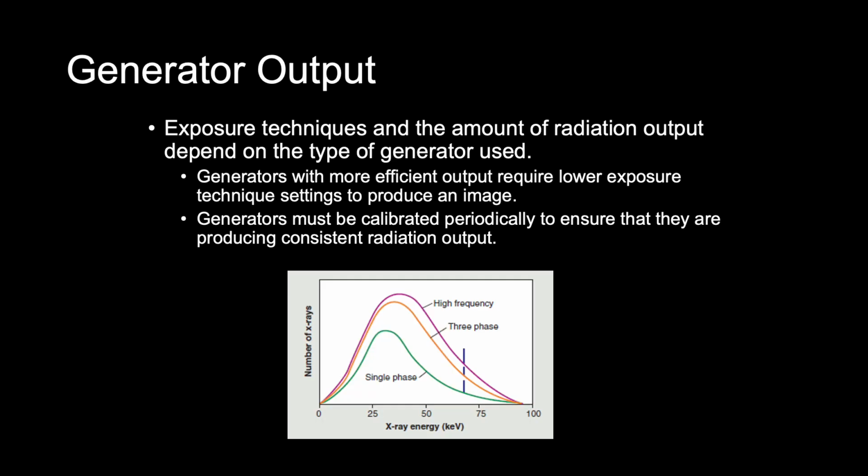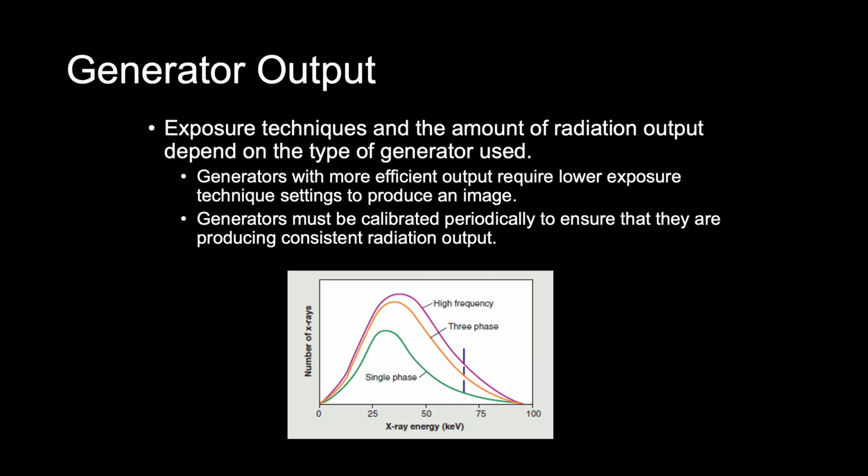Looking at the figure here for generator output, there are 3 emission spectra illustrated as the result of a change in the generator type. So we have high frequency, 3-phase, and single phase. As the efficiency of the generator type increases, so does the X-ray quantity given the same amount of electricity used, the keV and the kVp.